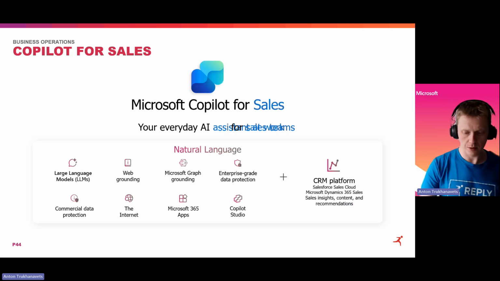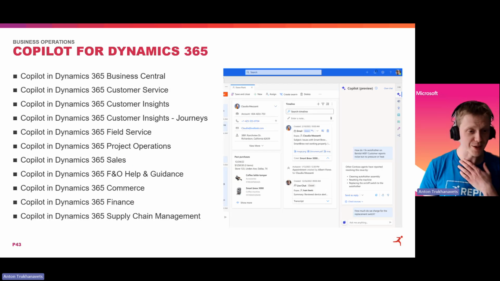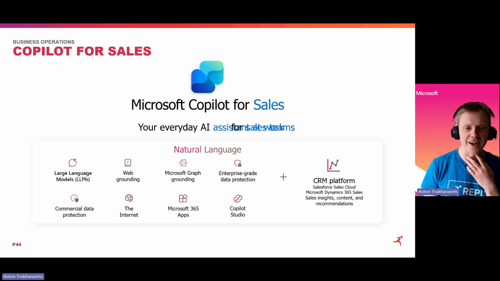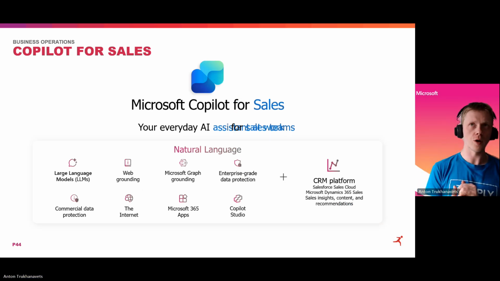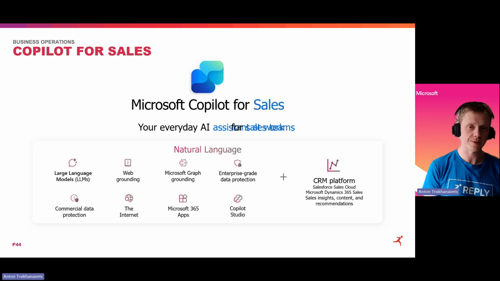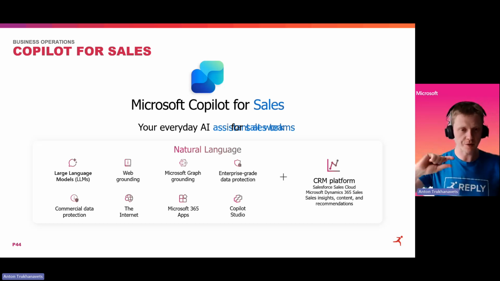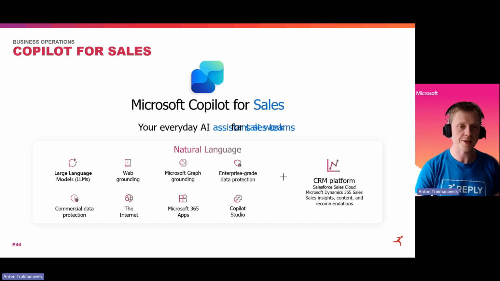Where it gets a bit more interesting. Okay, animation didn't work. We have Copilot for Sales, which may have a little bit of crossover with Copilot for Dynamics 365 for Sales, but that's a separate license, a separate tool.